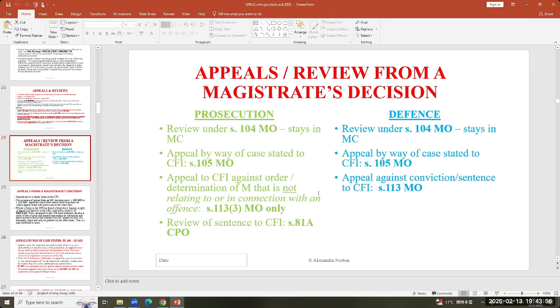But under Section 113, the prosecution can only appeal against an order or determination of the magistrate that is not relating to or in connection with the offense. Okay, I'll explain what that means later. But the defendant can generally appeal his conviction or sentence to the CFI under 113. And the prosecution also has this power of review of sentence under 81A.